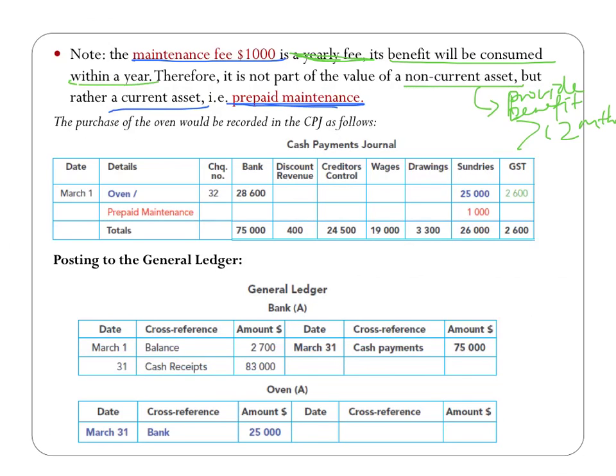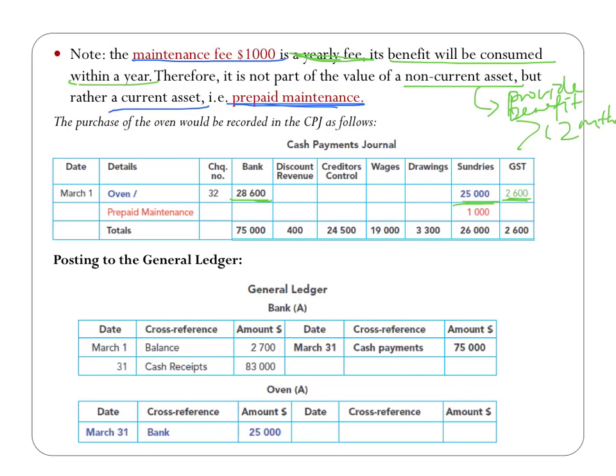Alright, let's have a look at how we can record the purchase of the oven in the cash payments journal. When we initially make the payment to purchase the oven, on the 1st of March, we record in the bank the total amount that went out. Well, $2,600 is the GST. We need to write it separately in the GST column, and $25,000 we record under the sundries column.